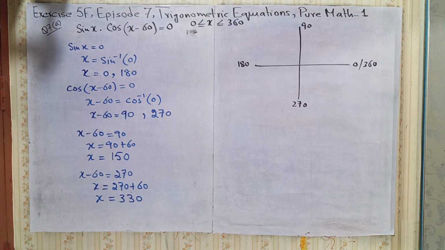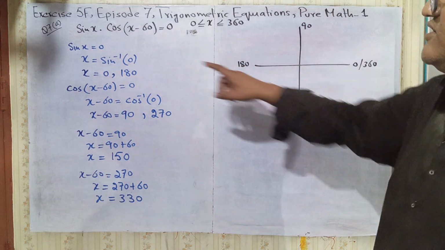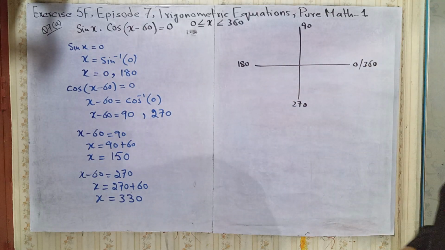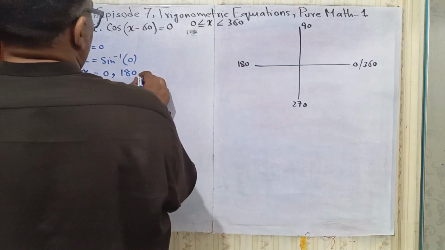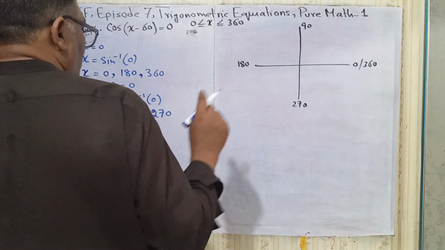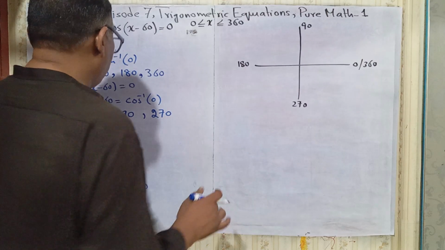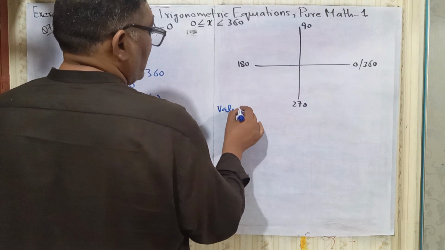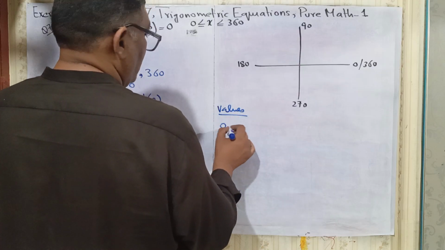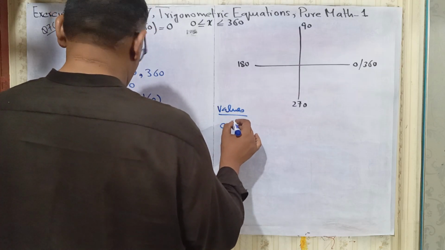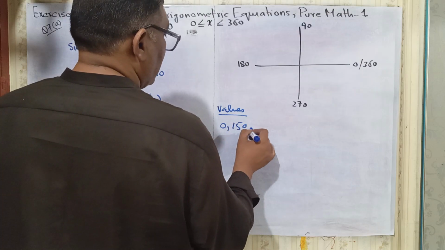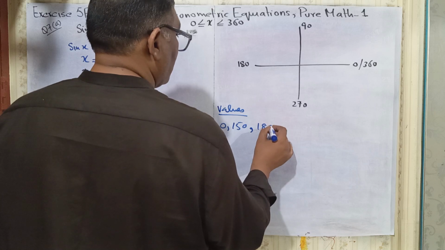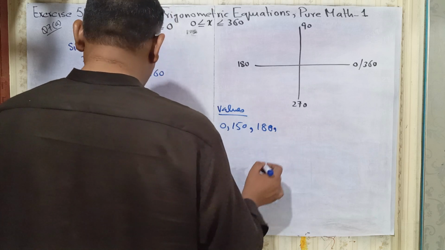The sine is 0 at 0. It is 0 at 180. The sine is also 0 at 360. So here you will add 360 as well. So at the end, you can say the values of x are 0, then we have 150, and then we have 180.